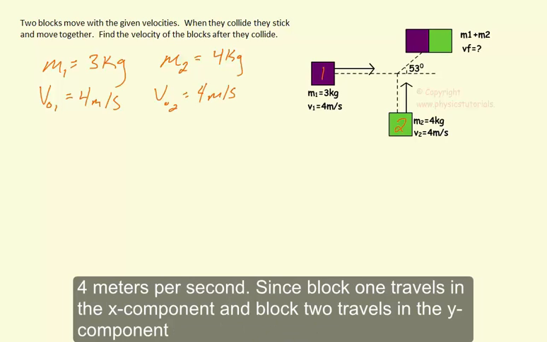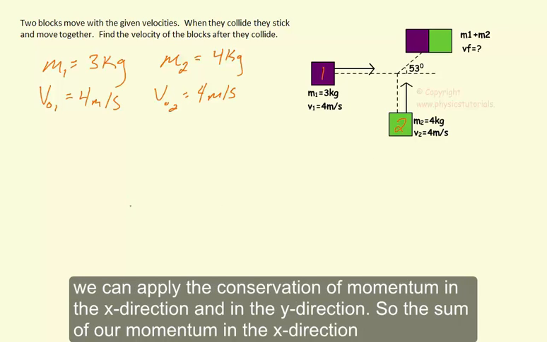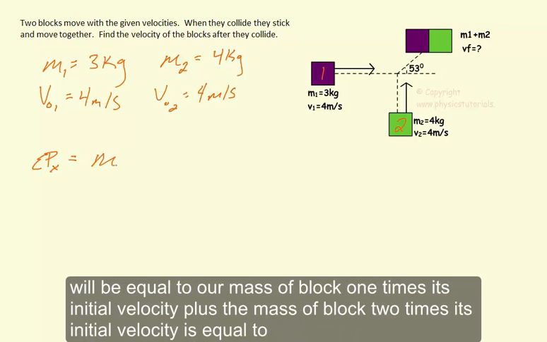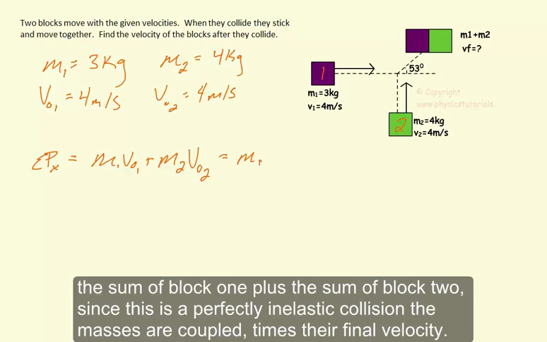Since block 1 travels in the x component and block 2 travels in the y component, we can apply the conservation of momentum in the x direction and in the y direction. So the sum of our momentum in the x direction will be equal to the mass of block 1 times its initial velocity plus the mass of block 2 times its initial velocity, equal to the sum of block 1 plus the sum of block 2.